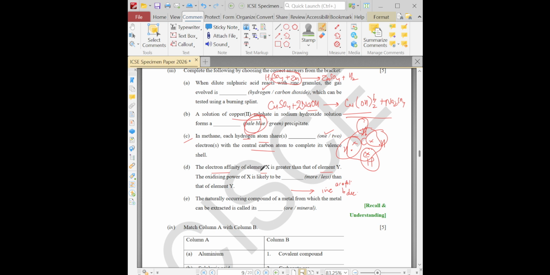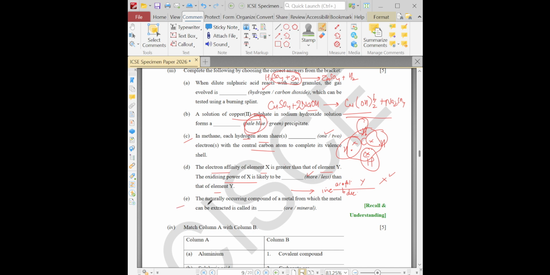Now it says X is greater than Y. So that means X is here and the position of element Y is here. Then only X will have a greater electron affinity as they are moving left to right. Now it says the oxidizing power will be more, because it will have the tendency to accept the electron. So its oxidizing power will be more.